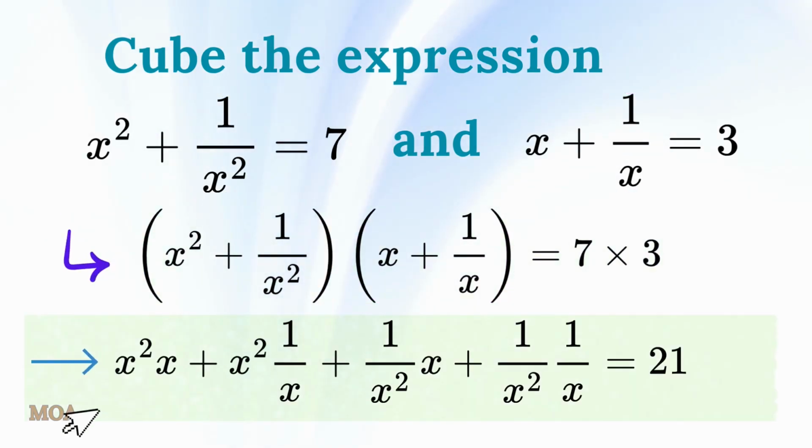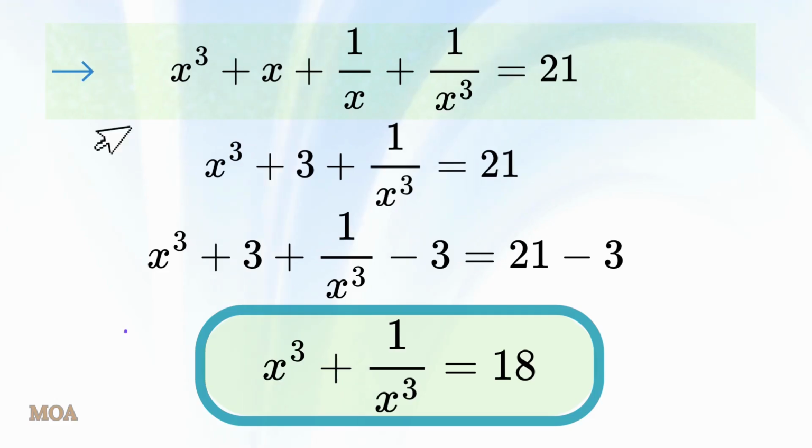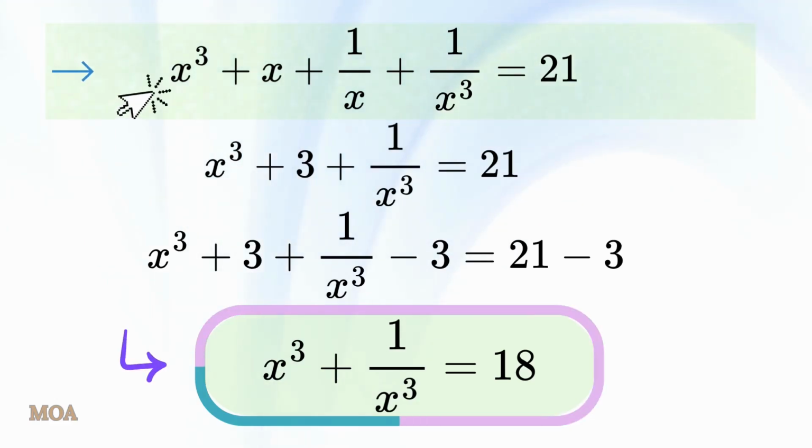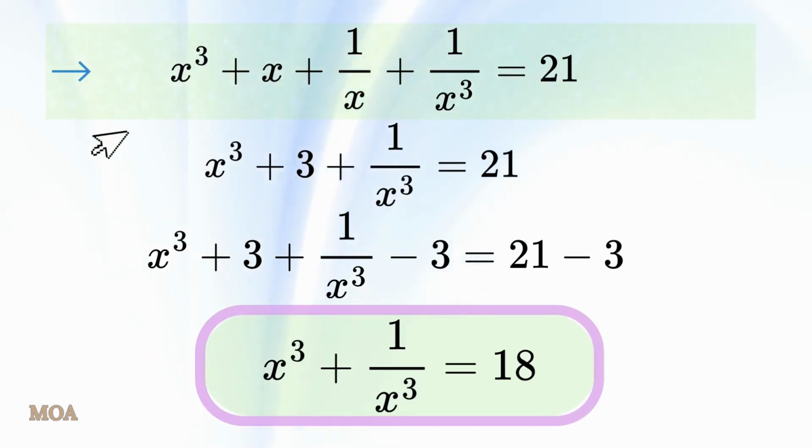After expanding and simplifying the middle terms by canceling x in the numerator and denominator, and since x squared times x equals x cubed, and 1 over x squared times 1 over x equals 1 over x cubed, we obtain x cubed plus x plus 1 over x plus 1 over x cubed equals 21.